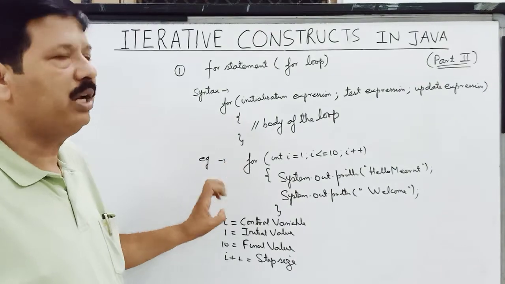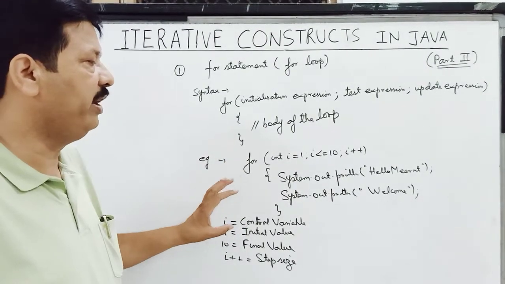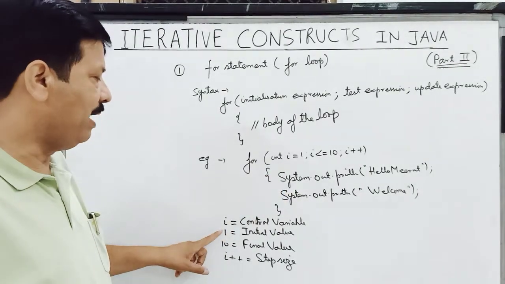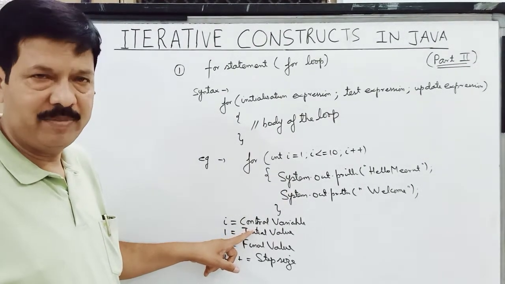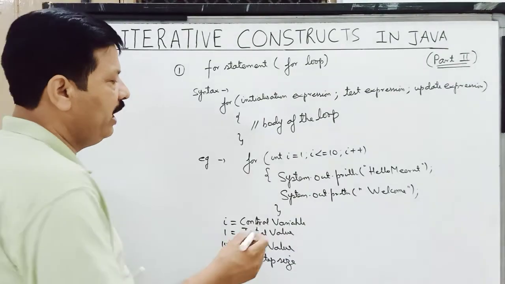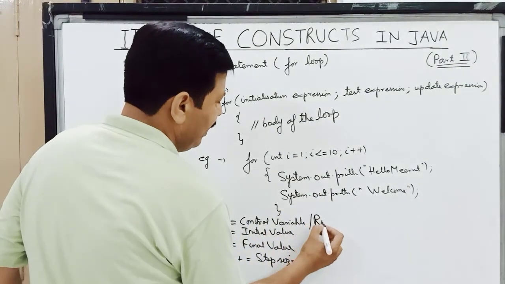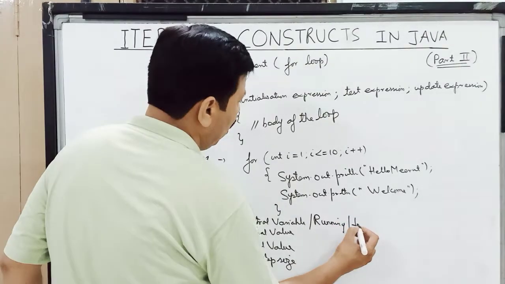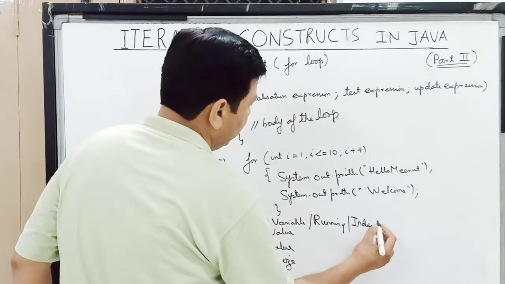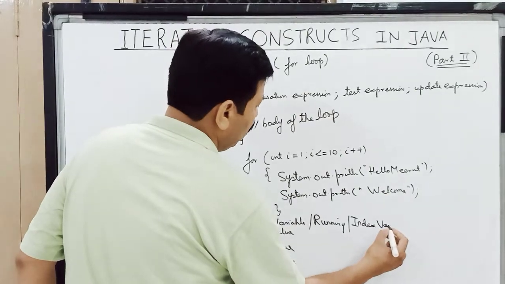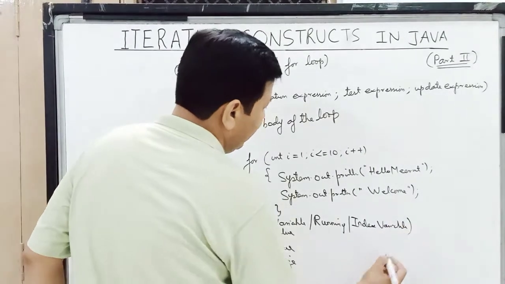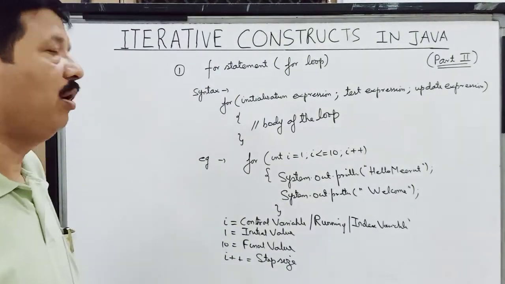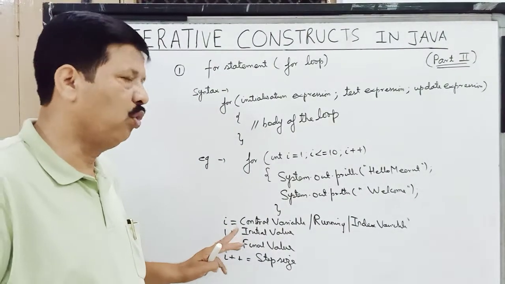Now children, in this particular example I have used some variables, and over here I am calling I a control variable. I can even call it a running variable, or an index variable, but it is normally called a control variable.